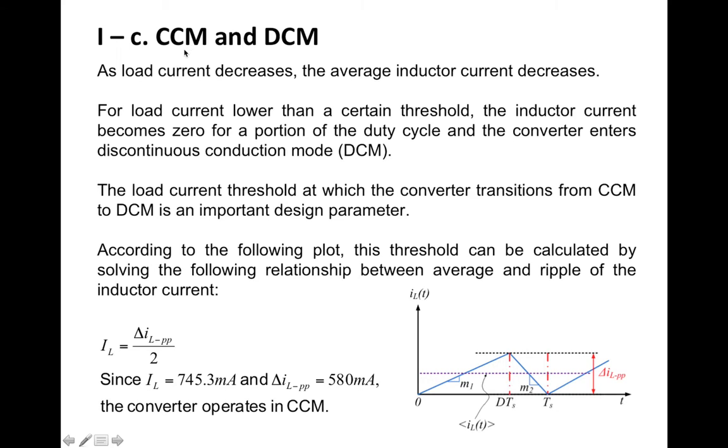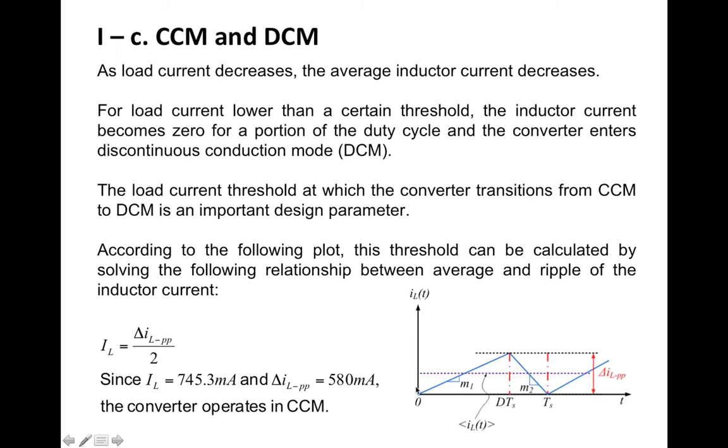There are major differences in terms of steady state operation and also transient behavior of the converter depending on CCM or DCM operation. So we need to know before design for which load currents we are operating in DCM and for which load currents we are operating in CCM.